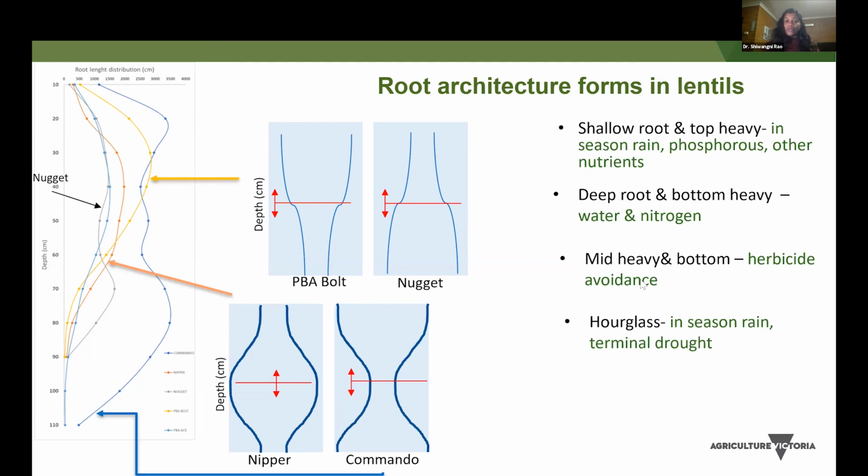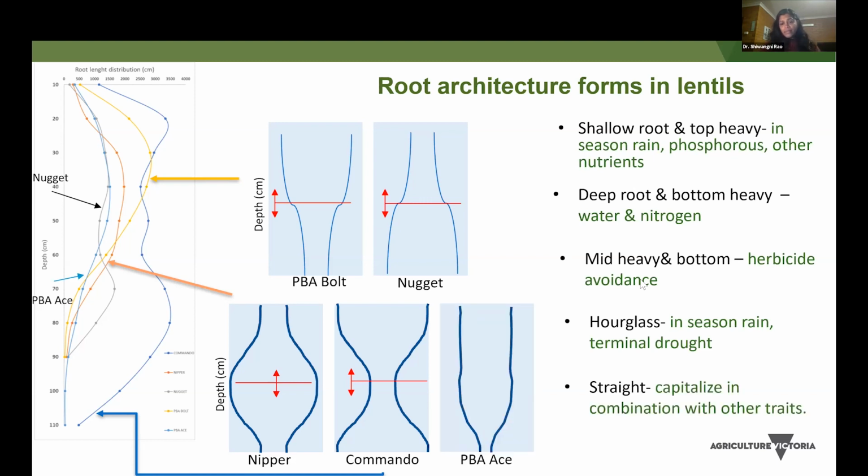And if there is no soil moisture available, it can maximize capturing moisture from rainfall by being top heavy as well at the same time. So it's very good for either form of intermittent or terminal drought scenarios. And the last one was a straight root structure where the distribution seems to be pretty even, and this can be used in combination with other traits.